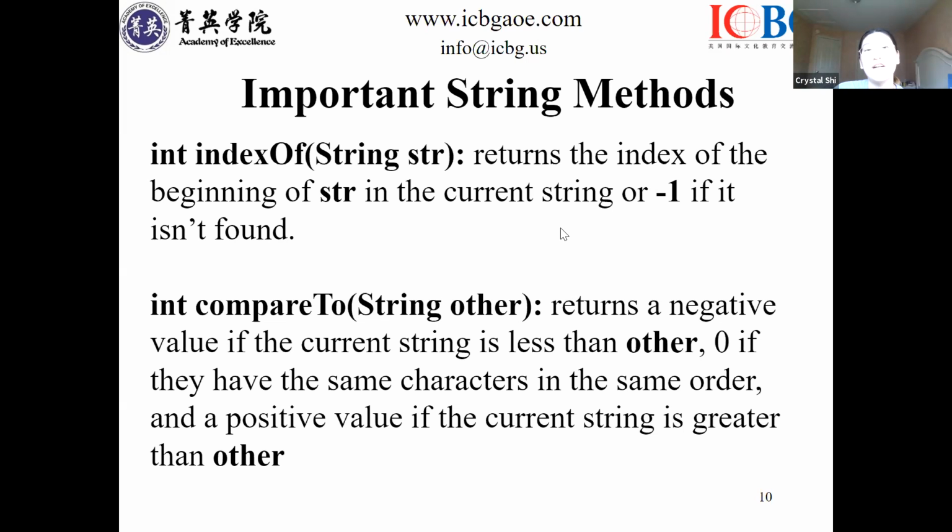Then this one is the compareTo method. And I think we've talked about this one before, right? Because I think you guys knew what I was talking about earlier at the beginning. Essentially the compareTo method returns a negative value if the current string is less than other, 0 if they have the same characters in the same order, so essentially if they're equal, and a positive value if the current string is greater than other. For strings, this is basically based on alphabetical order.